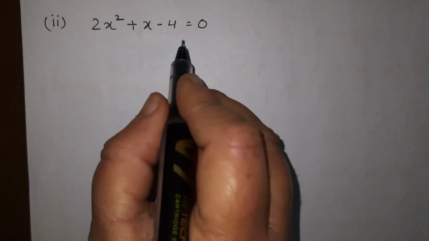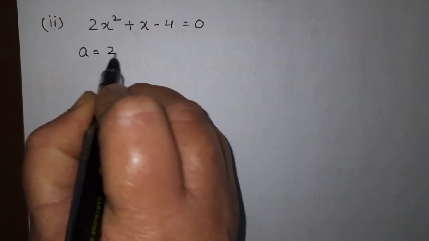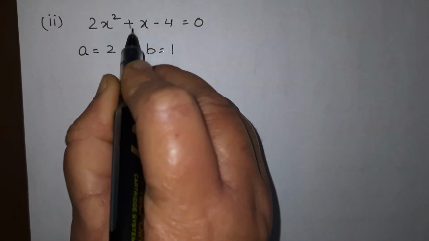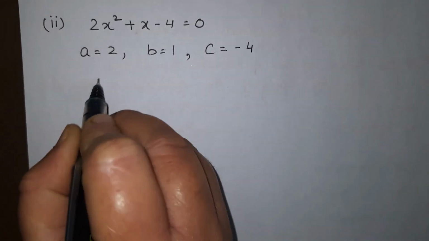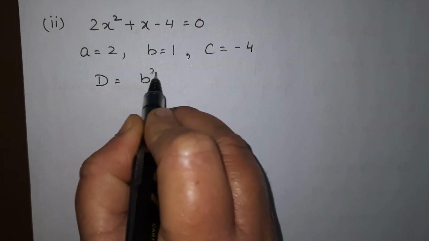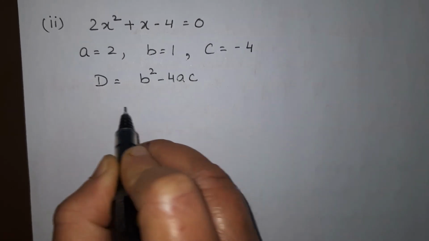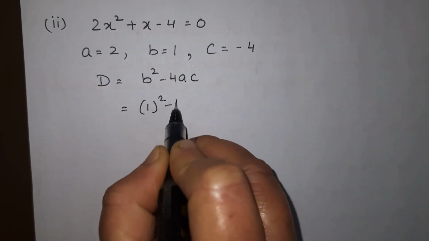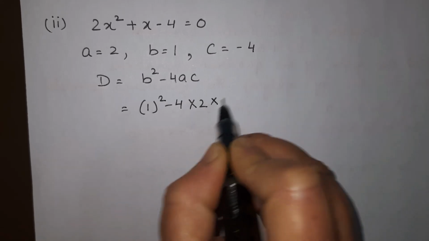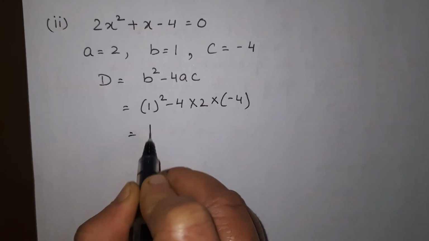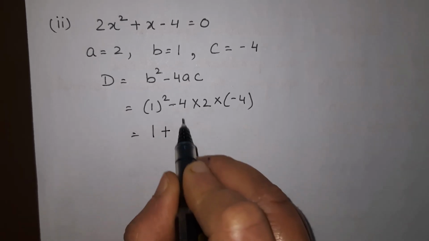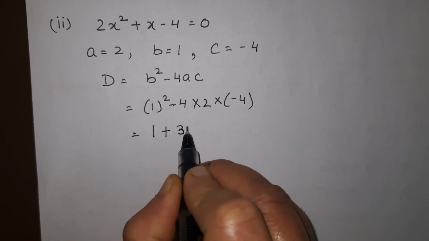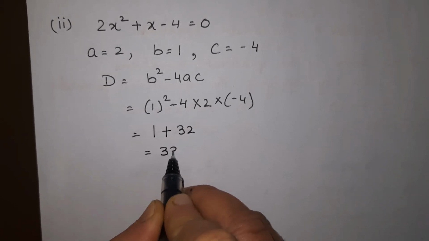So we have this second equation. Here a is 2, b is 1, the coefficient of x is 1 over here, and c is minus 4. D is given by b square minus 4ac, that is 1 square minus 4 into 2 into minus 4. This is 1, and this minus minus will be a positive sign, and 16 2s are 32. So D is 33.